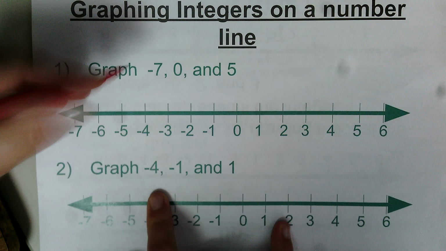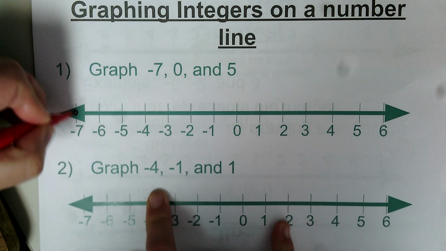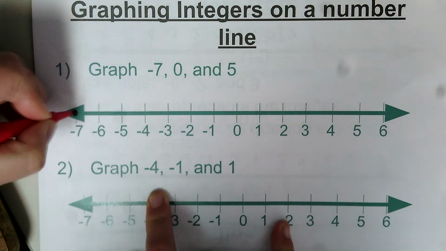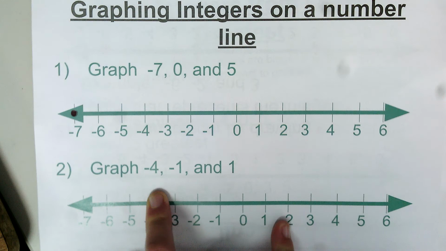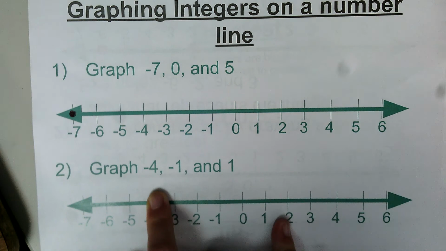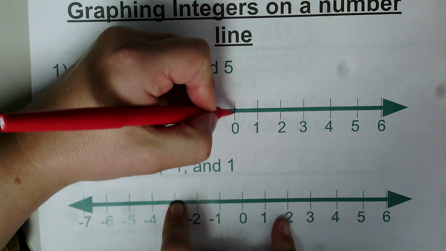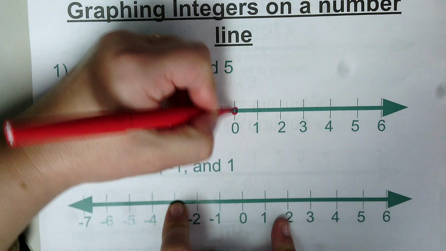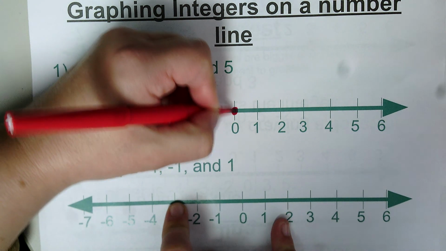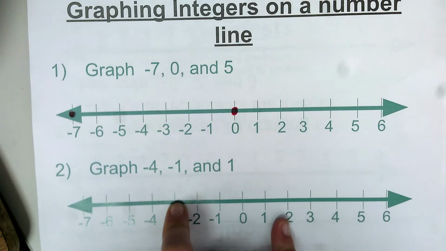Okay, so to graph -7, even though it's still got the arrow there, we would probably want to pull that out just a little bit. I'm going to draw a closed circle on -7. Okay, to graph 0, I'm going to find 0 on the number line, and I'm going to graph a closed circle, which means it's all the way filled in, on 0.